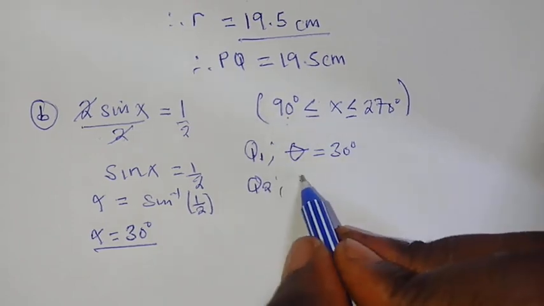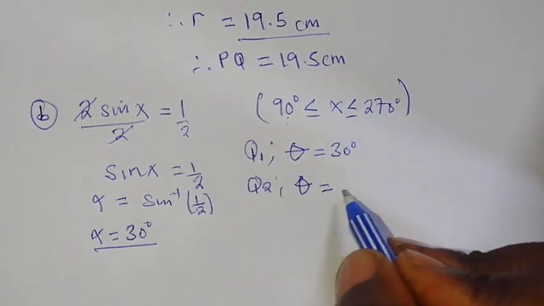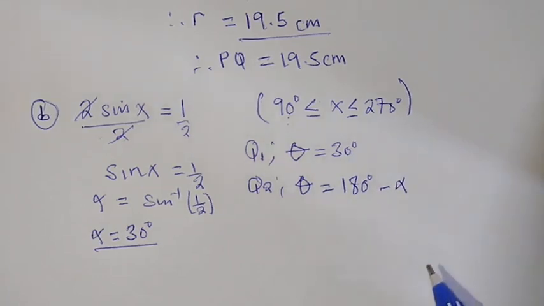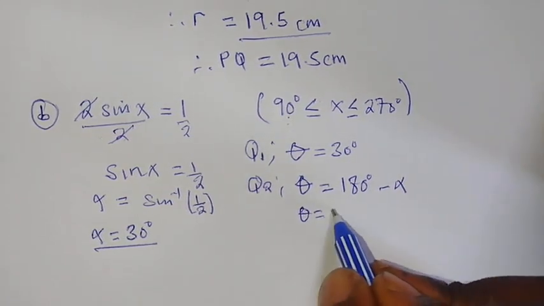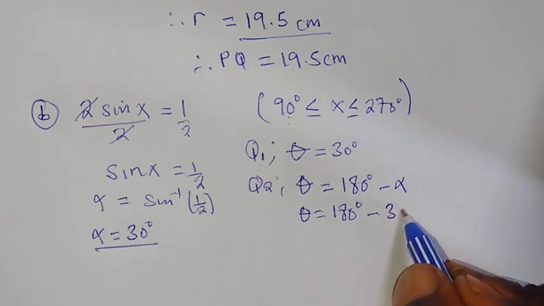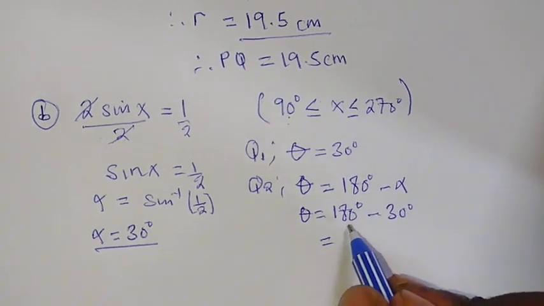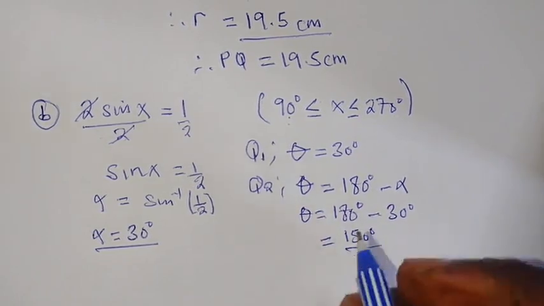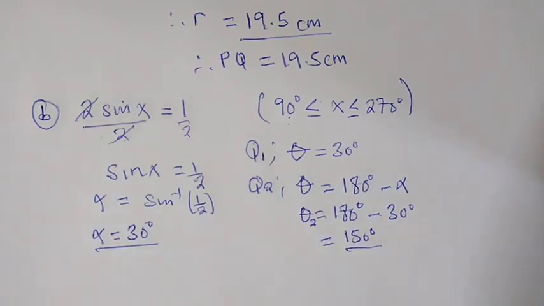In Q2, to find the value of theta, we say theta = 180 degrees minus the basic angle, which is 30 degrees. This gives us 150 degrees. This is our value of theta in the second quadrant. These are the only quadrants where sine is positive: the first quadrant, where all angles are positive, and the second quadrant.